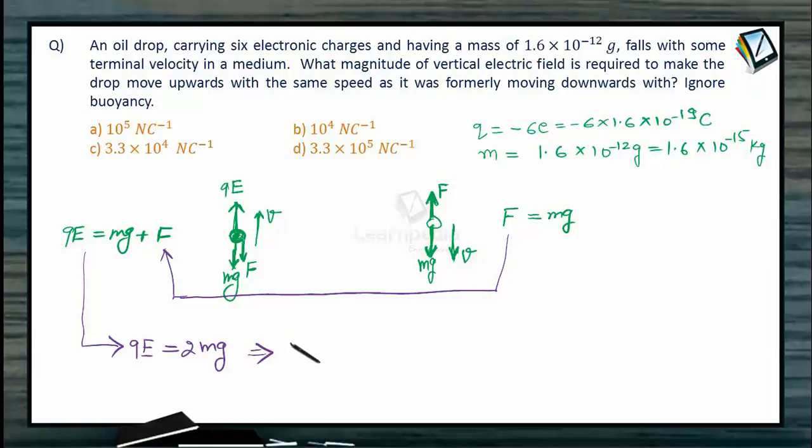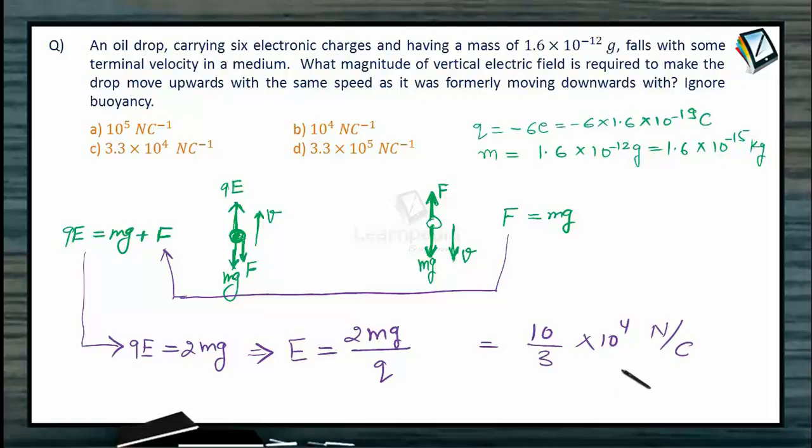So we can now calculate the electric field intensity, which is equal to 2 mg divided by the charge. So here we have everything ready to substitute, and if you substitute all these, then you will get 10 divided by 3 into 10 raised to the power 4 Newton per coulomb.